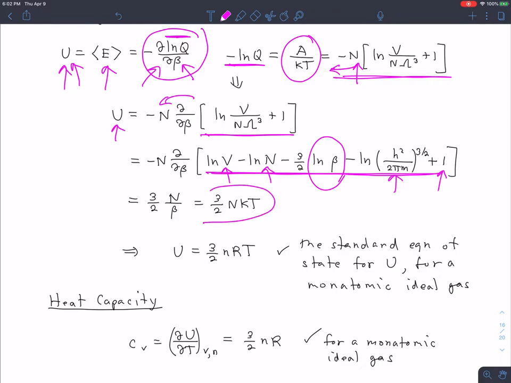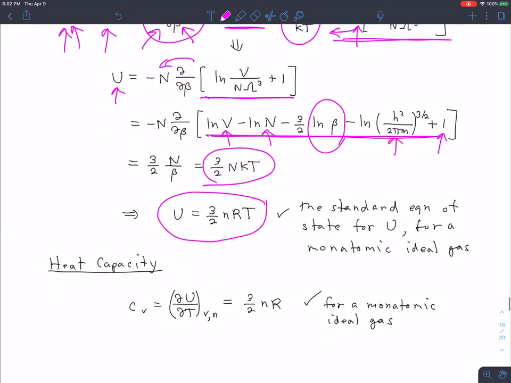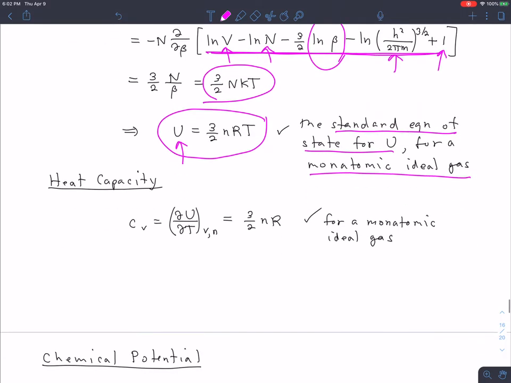And that gives us 3/2 nkT, which means that our equation of state for the energy is just 3/2 nRT. We've seen that relationship many times. It's the standard equation of state for the thermodynamic energy for a monatomic ideal gas.